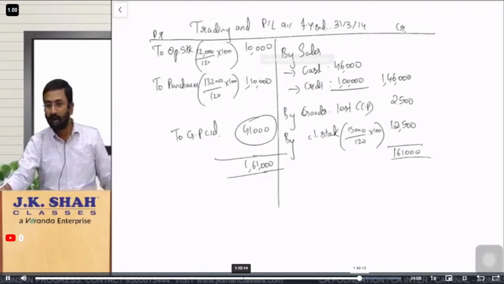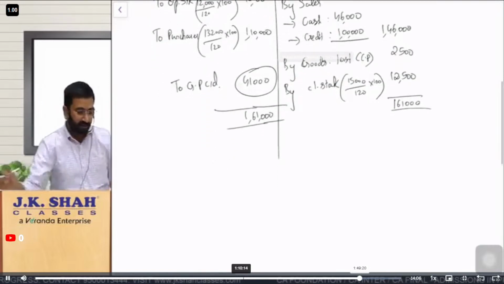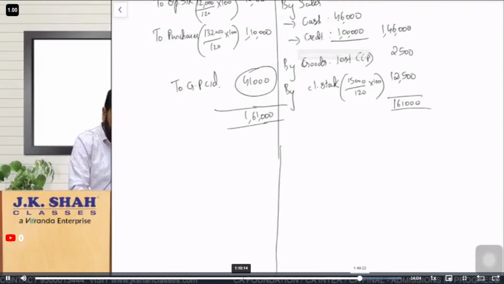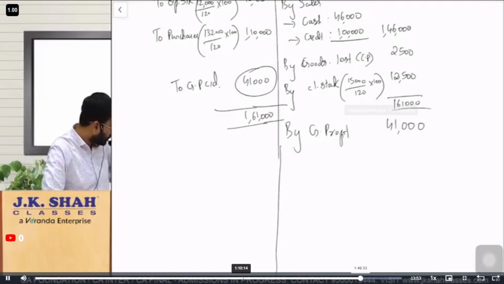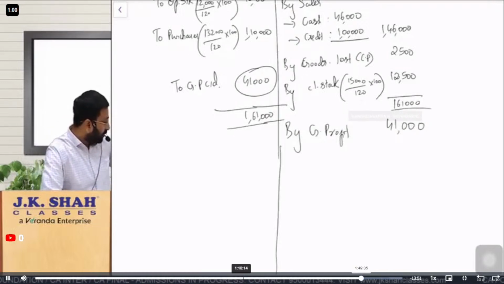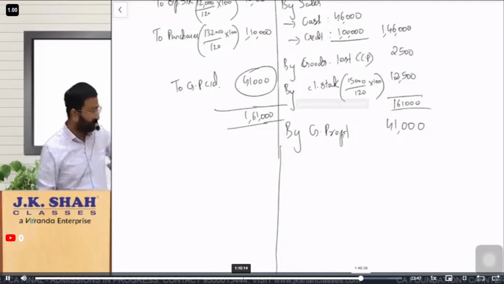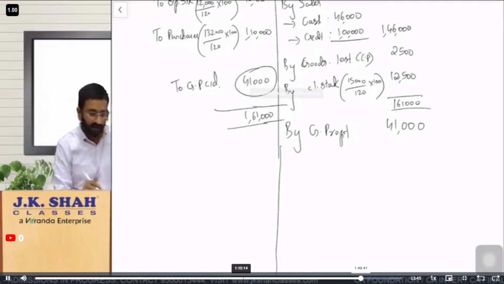Okay, the P&L account is easy. Just give me whatever indirect expenses are there. By gross profit, 41,000. Don't remove the discount from sales. Next, gross profit is taken. Indirect expenses, can you tell me?